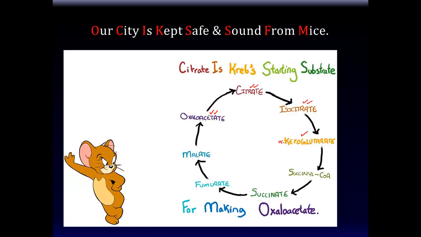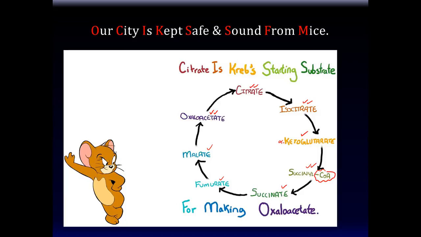Alpha-ketoglutarate. Succinyl-CoA is another CoA molecule. Succinate, fumarate, and malate. So oxaloacetate, citrate, isocitrate, alpha-ketoglutarate, succinyl-CoA, succinate, fumarate, malate, and oxaloacetate again. So this is a cycle which regenerates its starting substrate.